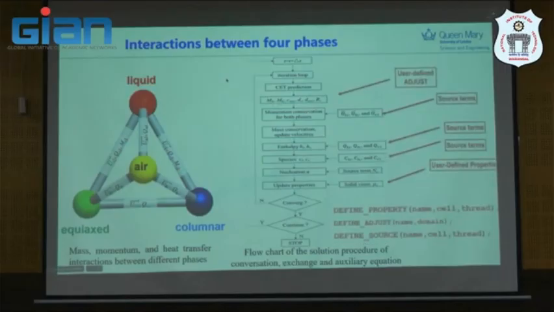In our simulation case, we use the user-defined macro to calculate the mass transfer rate first, and based on this rate, we can calculate the momentum transfer rate and energy transfer rate.